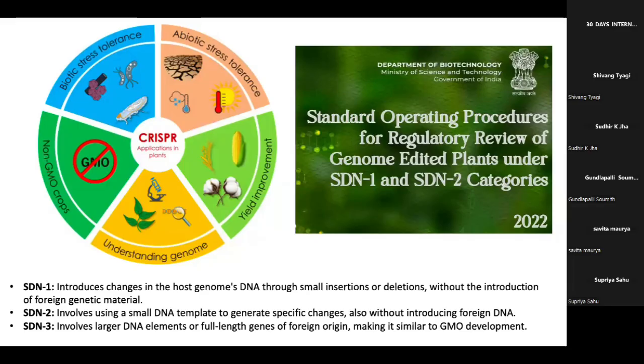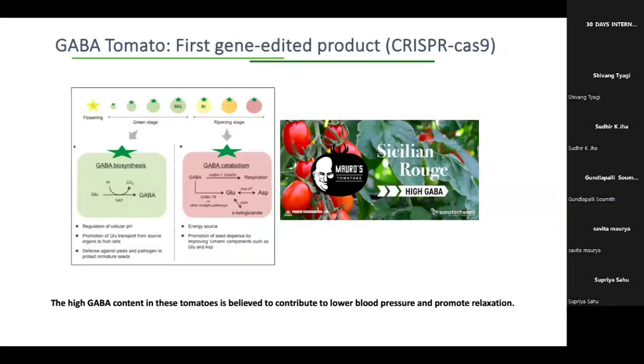Or if you want to correct a certain gene, like a one base pair correction that can improve a certain trait of the plant, that can be done through SDN 2, using a small DNA template which directs the precise correction into that particular location of the DNA. So SDN 1 and 2 have been approved, but SDN 3 has not yet been approved.